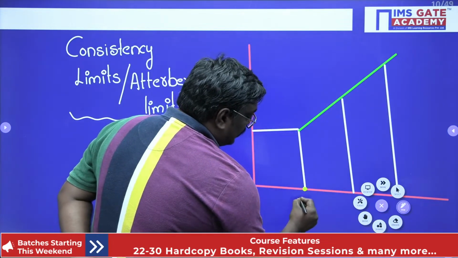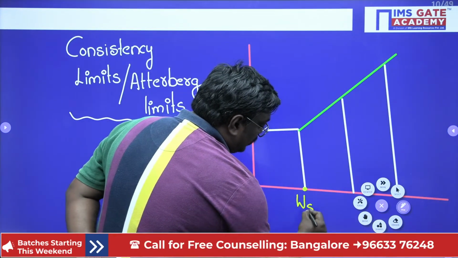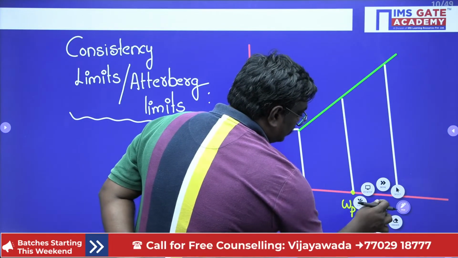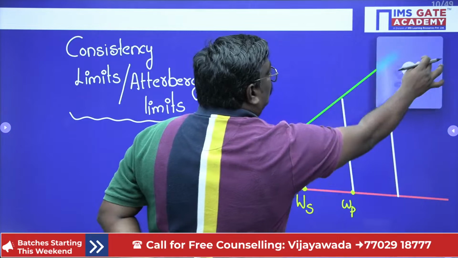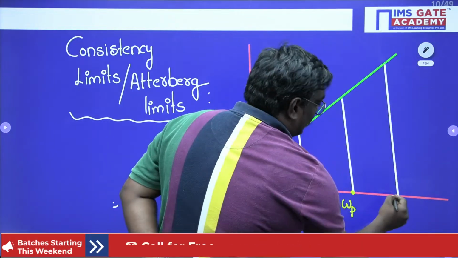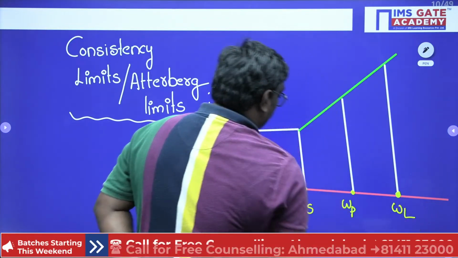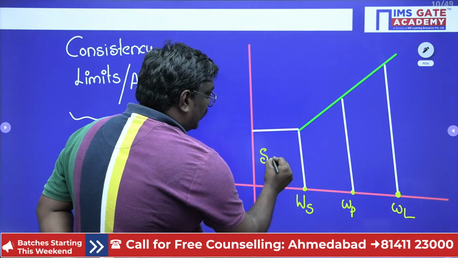Suppose we have here the shrinkage limit. Here we have the plastic limit, and here we have the liquid limit. Here we call it the solid state.